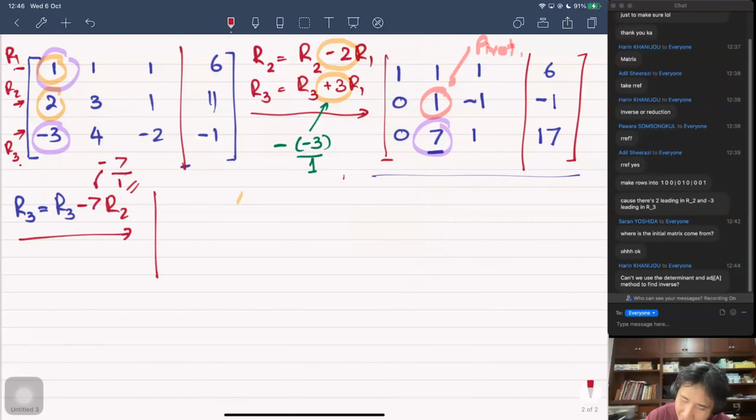And then it becomes 1, 1, 1, and 1 minus 1, and then 0, and minus 7, so that means it's going to be plus 7. So that means it's 8, right? And then this guy is going to be 24 minus 1 and 6.